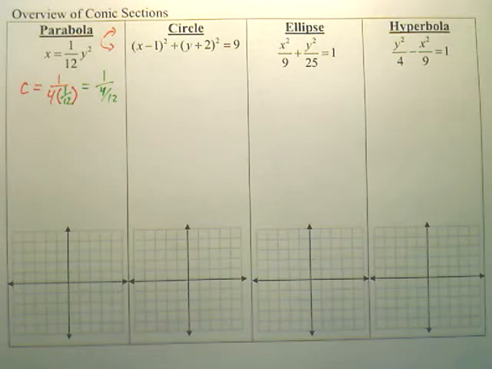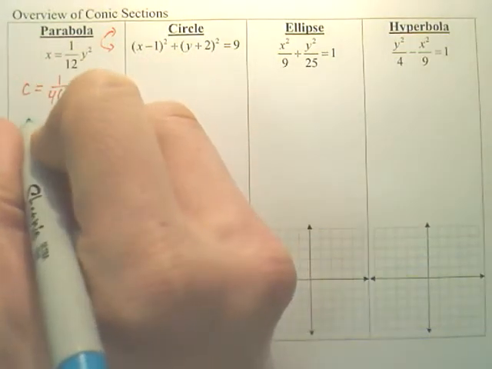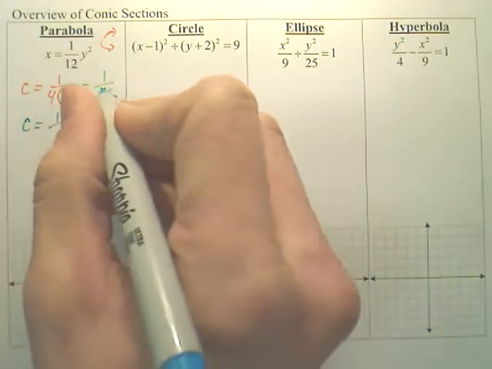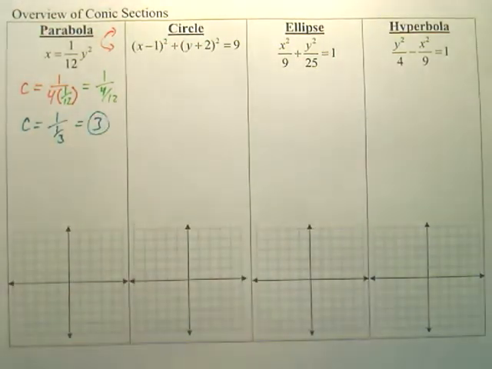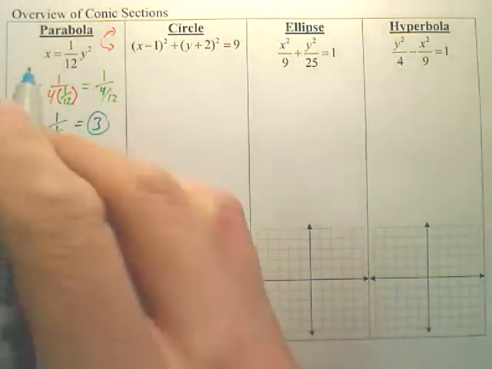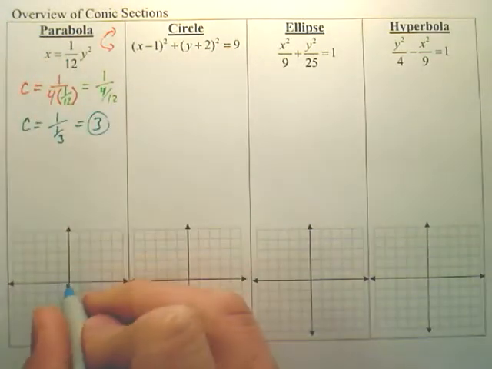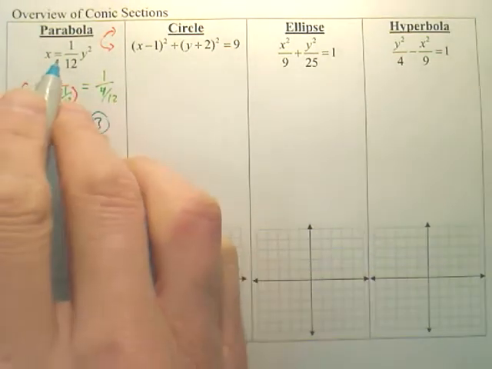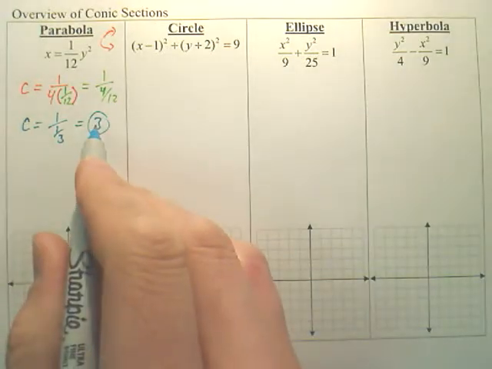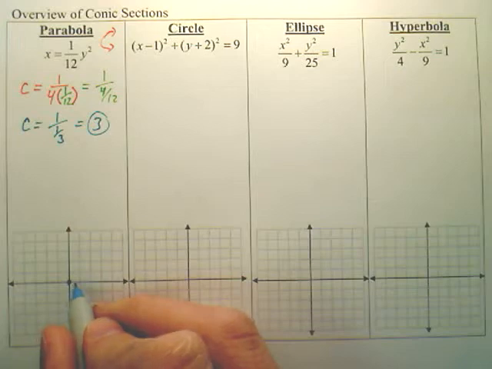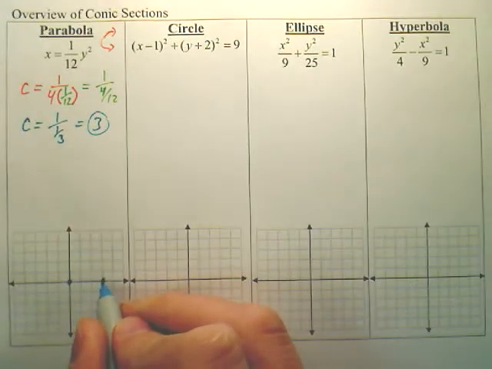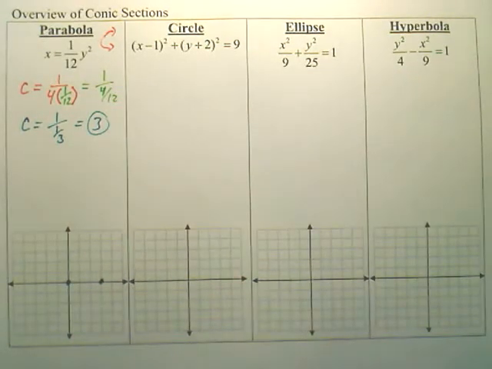And if we reduce, c equals 1 over 4 twelfths, which would be 1 over 1/3, which actually ends up being 3. So here's what that means. The parabola in this situation starts at 0, 0. Okay, so we're starting at 0, 0. The 3 means, if the parabola opens to the right, the focus is going to be 3 spots over. So the focus is going to be right there.